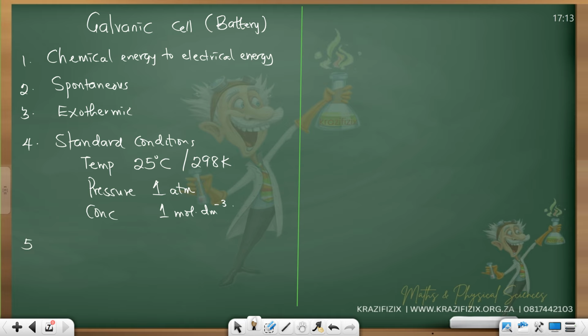What else can you tell me quickly? It has a salt bridge. Can you quickly tell me about the salt bridge? Function. Okay, let's start from it contains high concentration of inert solution. High concentration. Is my concentration correct?